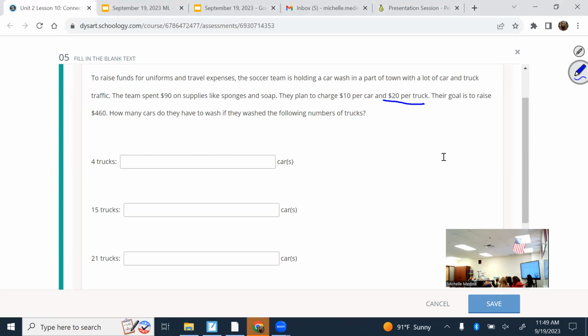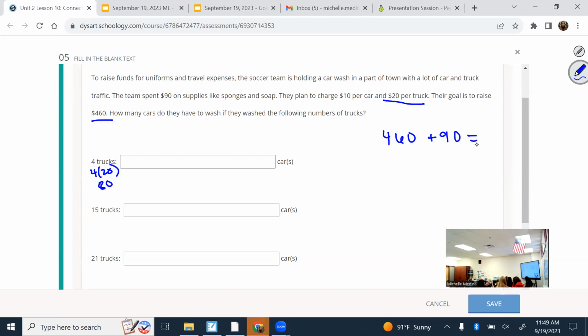If they wash 4 trucks, that's $80 because you're doing 4 times 20, right? And then they want to raise 460. However, they did spend $90, so that already put them in the negatives. So they're going to have to make 460 more than the $90 that they spent, if that makes sense.